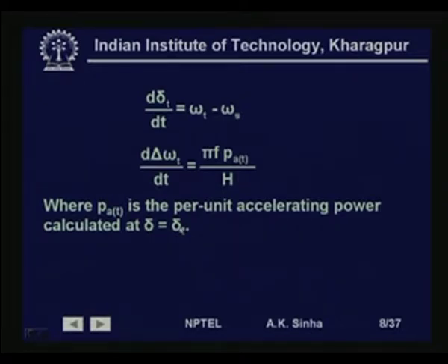So, this is what we have, that is the swing equation we have now written as two first order differential equations, and we are trying to use the modified Euler method for solving the swing equation, that is the second order differential equation which is the swing equation for the system.